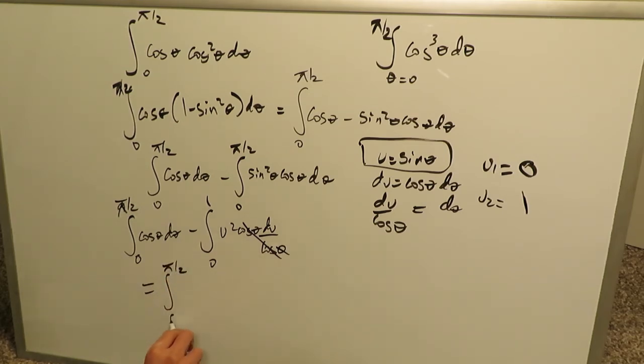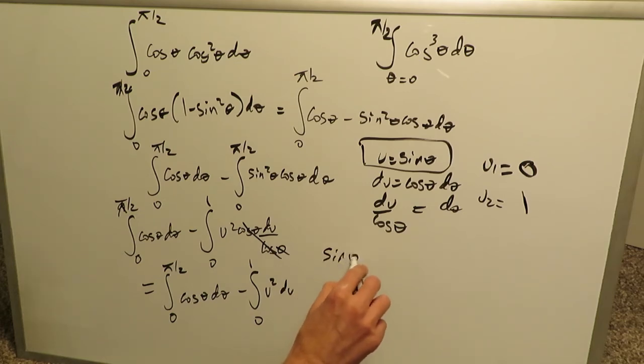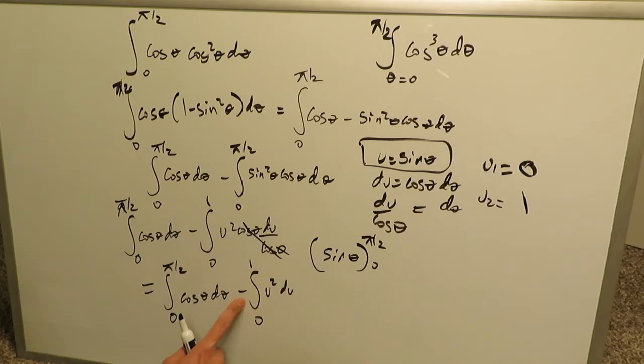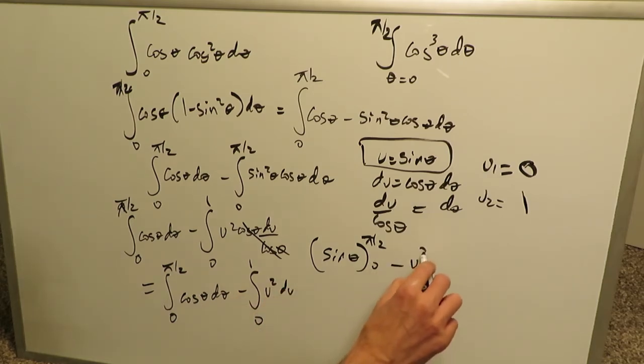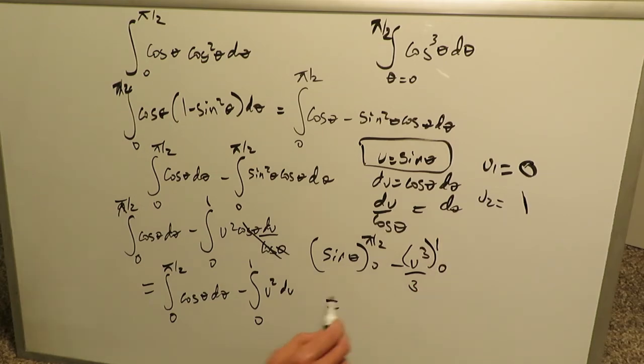Pi over 2 to 0 cosine theta d theta minus 1 to 0 u squared du. Integration of this will lead you to sine theta over a limit of pi over 2 and 0. The integral of this will give you minus u cubed over 3 over the values 1 and 0, and you have to solve them out.